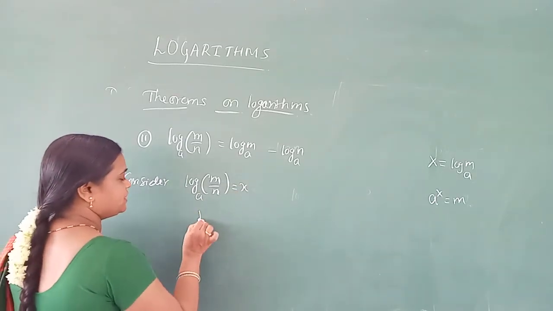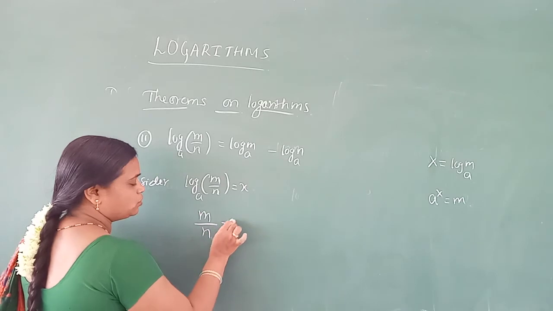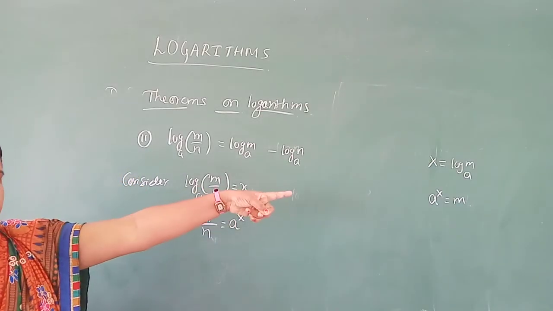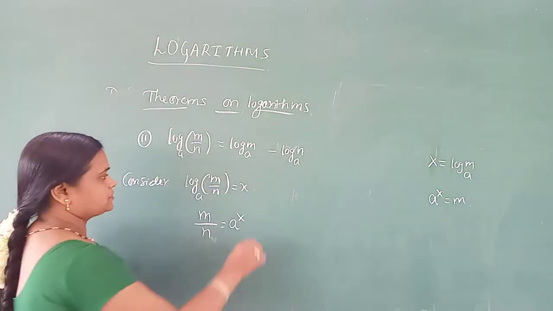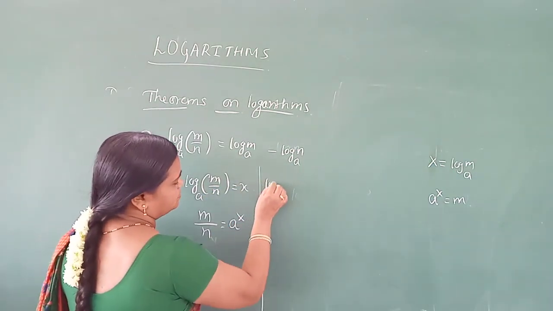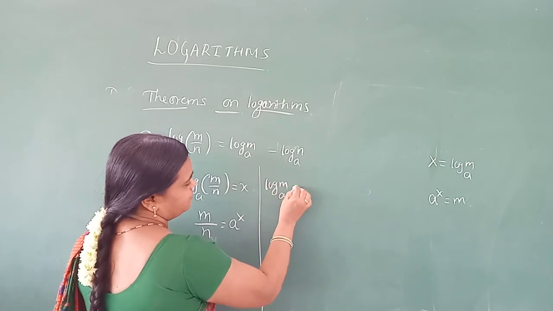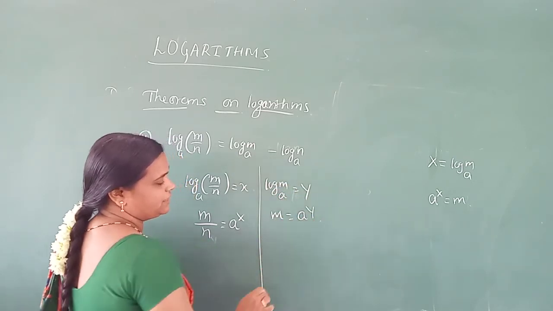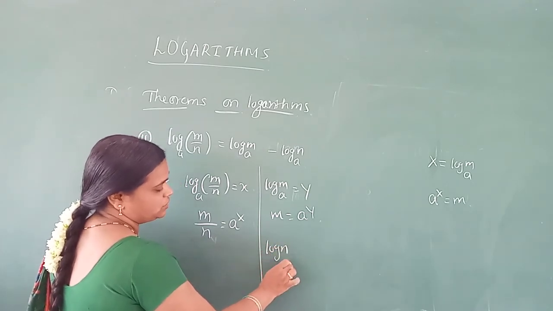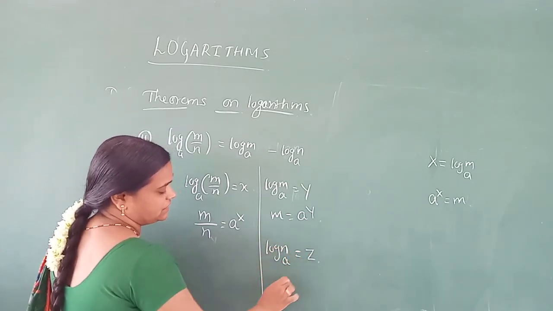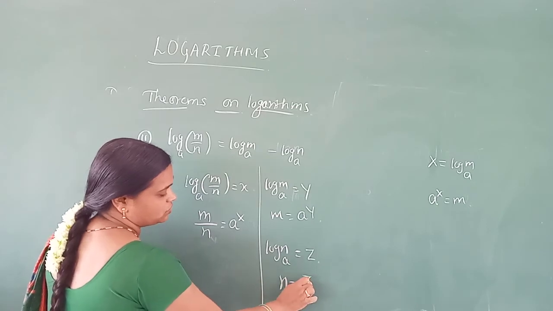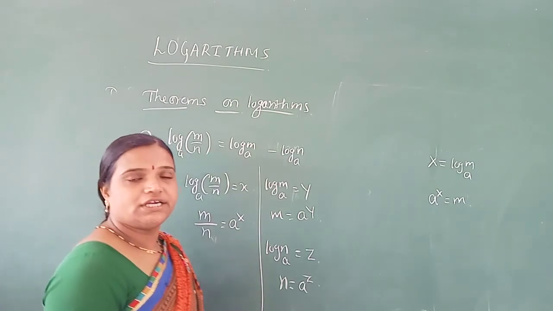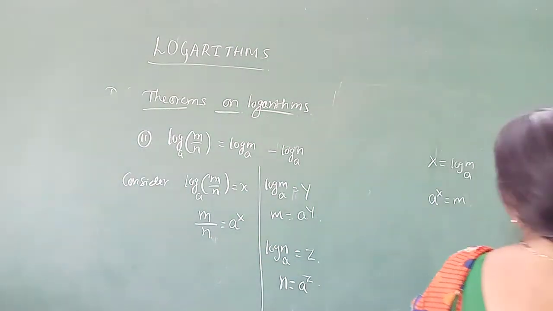Then m by n is equal to a to the power x by definition. Next, log m to the base a we take as y, so by definition m is a to the power y. Next, log n to the base a we consider z, so n is equal to a to the power z, by using the definition of logarithm.